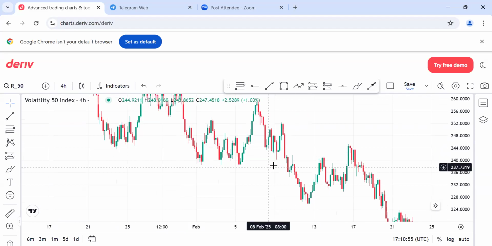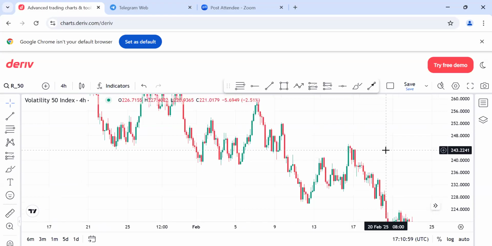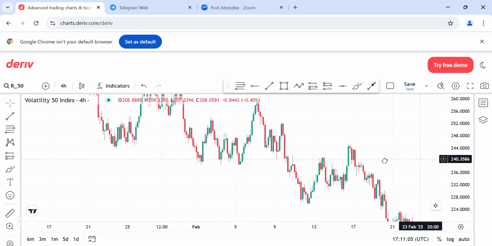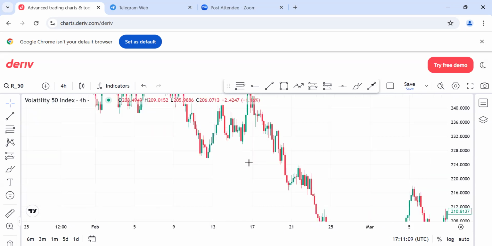That's the big pro of these formations. So let's proceed to spotting them on a live chart.